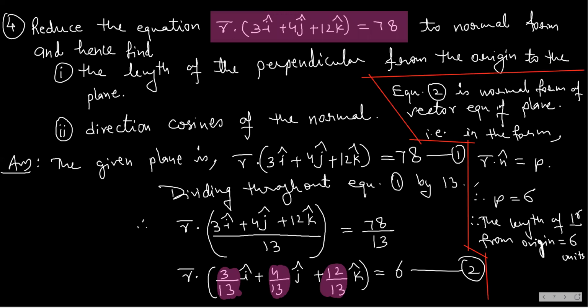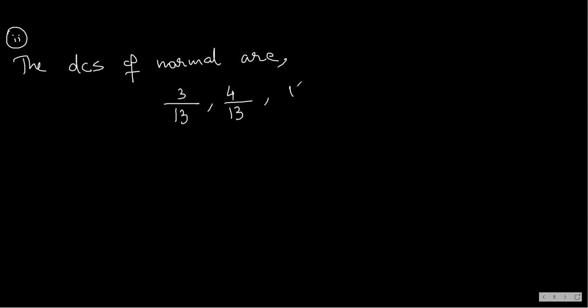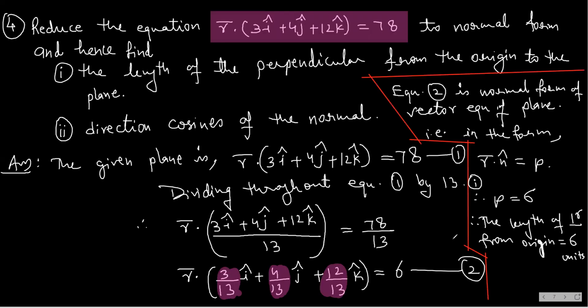The answer for the second part: the DCs of the normal are 3 by 13, 4 by 13, 12 by 13. This completes the solution for the fourth question.